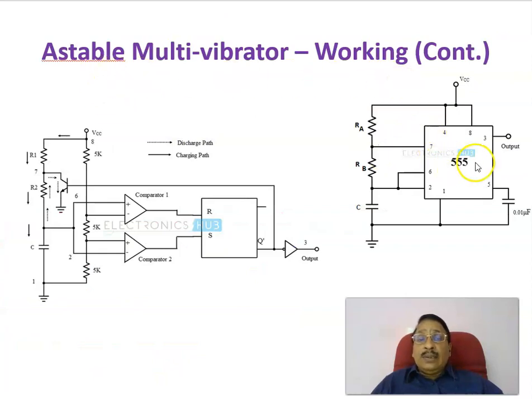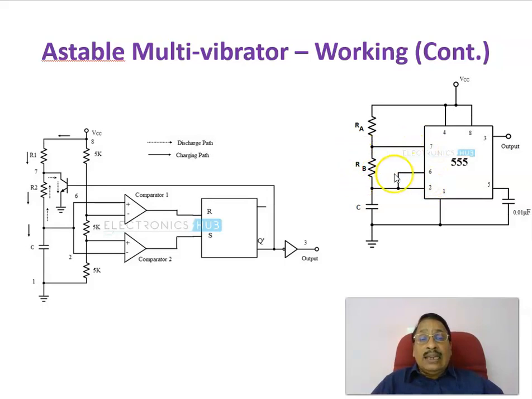Continuing the astable multivibrator working, the same circuit is shown redrawn. This is the 555 IC, the same astable multivibrator circuit. VCC is connected at pin 8, and pin 4 is shorted to it. RA is connected between pin 8 and pin 7, which is the discharge pin, and another resistance RB is connected between pin 7 and pin 6, the threshold pin.